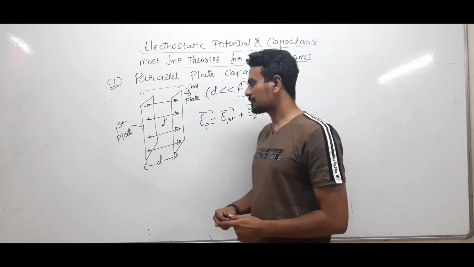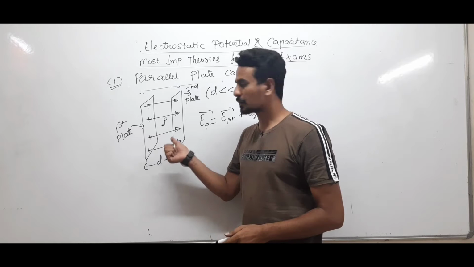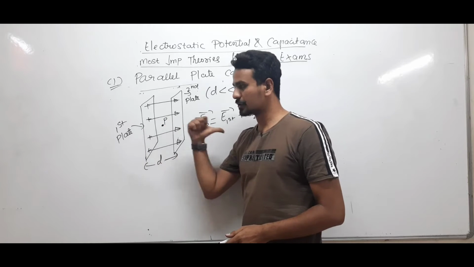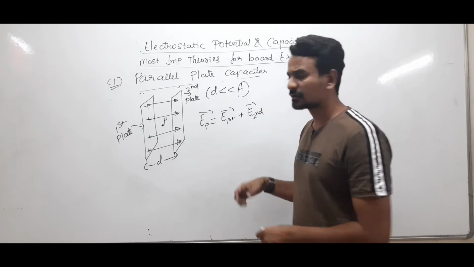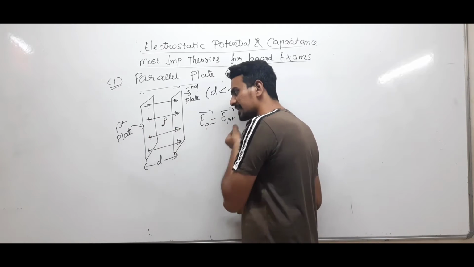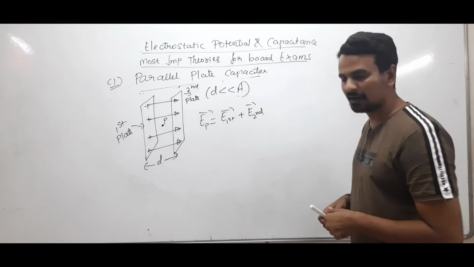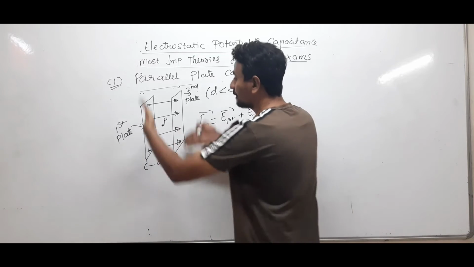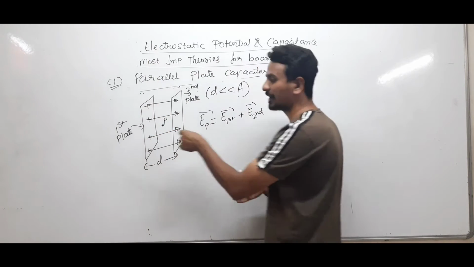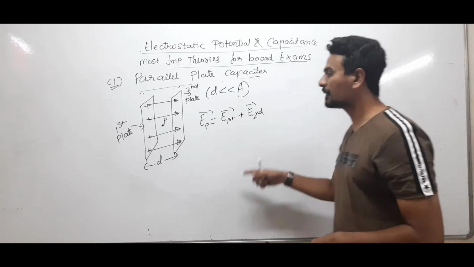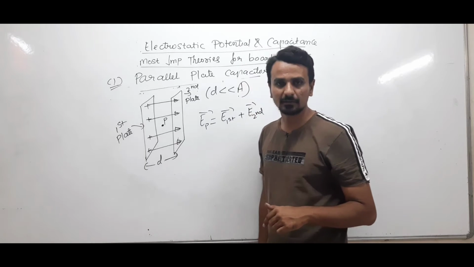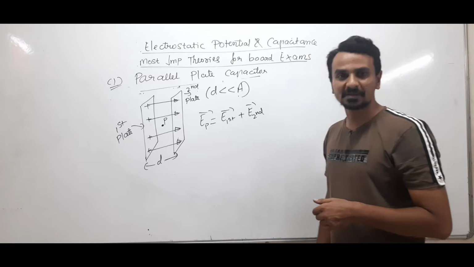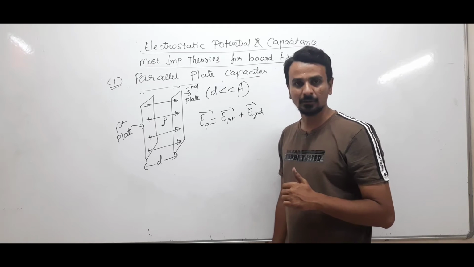On the first plate positive charge is there, so the electric field at P will be towards the right, and the second plate is negatively charged, so its field at P will be in the same direction. Since the area of the plate is very large compared to the distance, we can use the formula of a uniformly charged infinite plane sheet from the previous chapter, sigma by 2 epsilon 0.